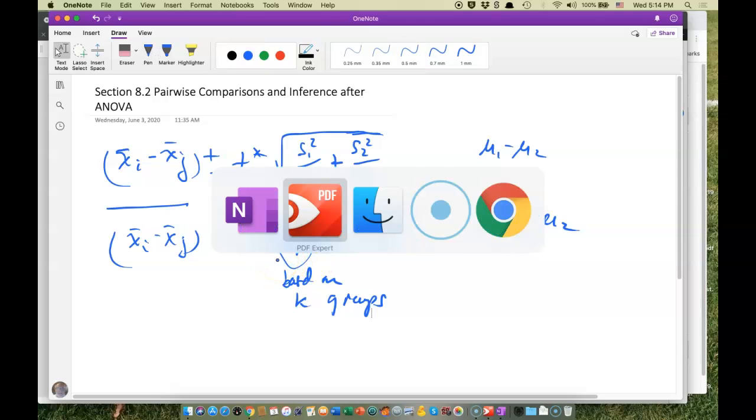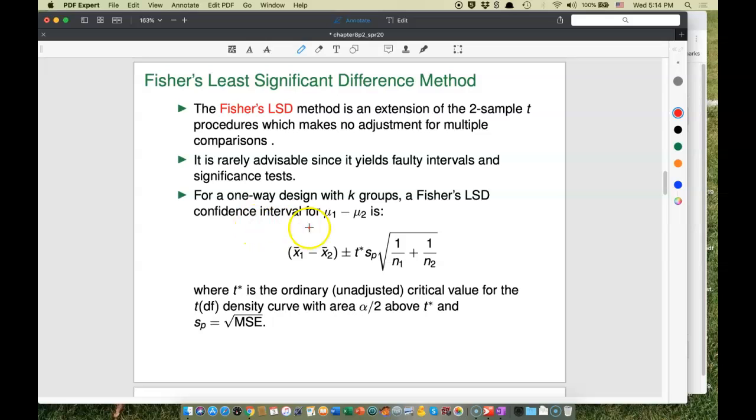So let's go back and take a look. The t star is the multiplier. This S_p is going to be the square root of the MSE. And then we're going to use the t with the appropriate degrees of freedom with area alpha over 2 above t star. Here's our t star, and here's our negative t star.